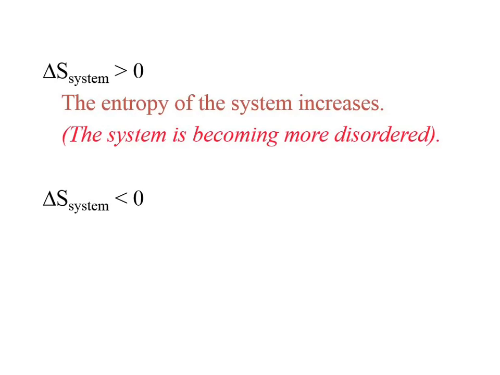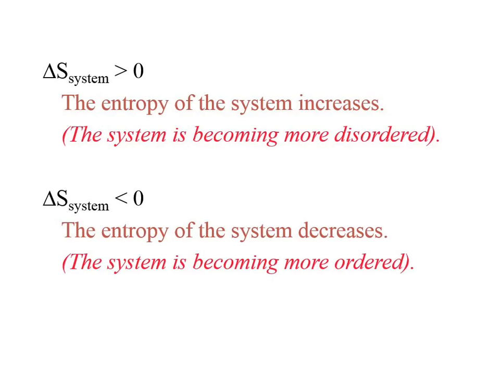This is part of Wednesday's lecture. And if your change in entropy is negative, we said there was order coming to the system. If the change in entropy is negative, the entropy of the system has decreased, and the system is becoming more ordered.